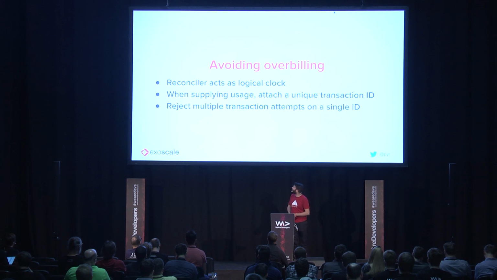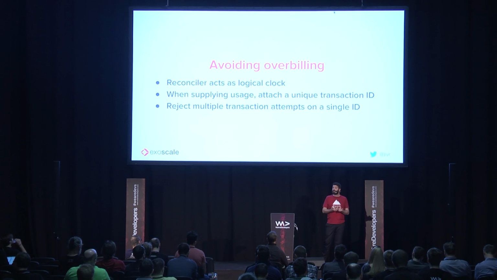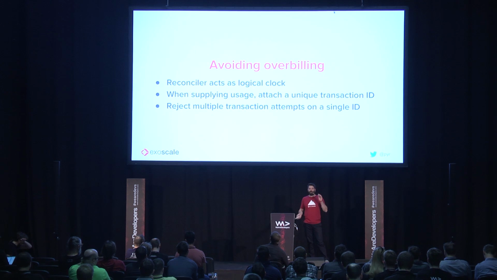So for this, we used a deterministic transaction ID that we take from a usage metering event, and we guard on that transaction ID and ensure that it's never used twice, which avoids any chance of overbilling.